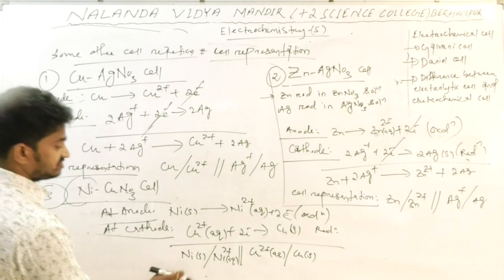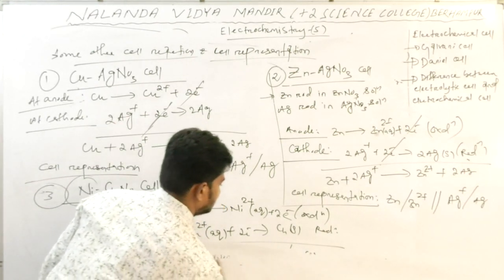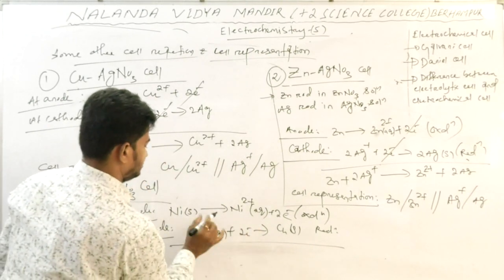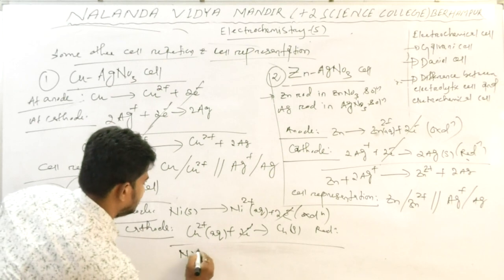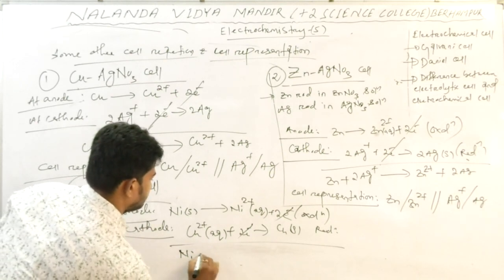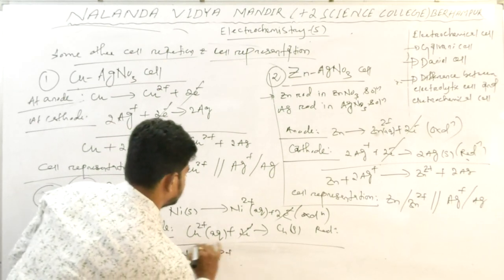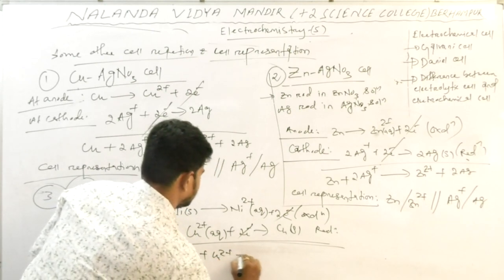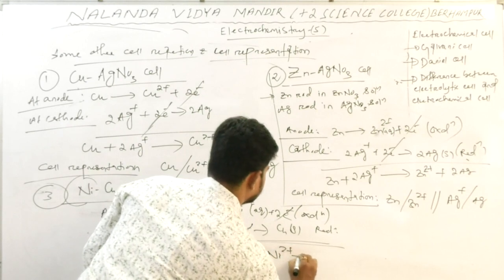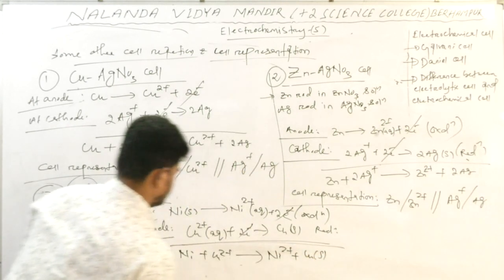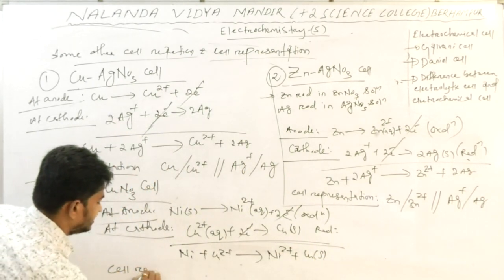If I write the cell reaction, sorry, I have written the cell representation. If I write the cell reaction, then it will be nickel plus copper 2 plus ion gives rise to nickel 2 plus and copper solid.